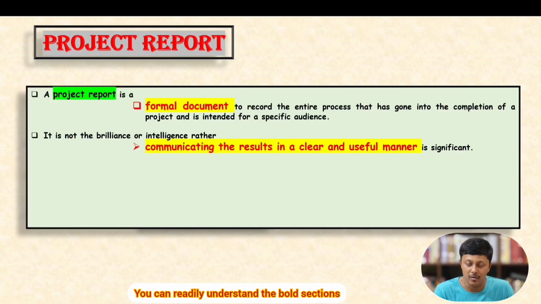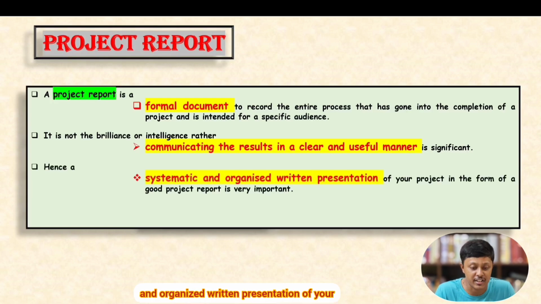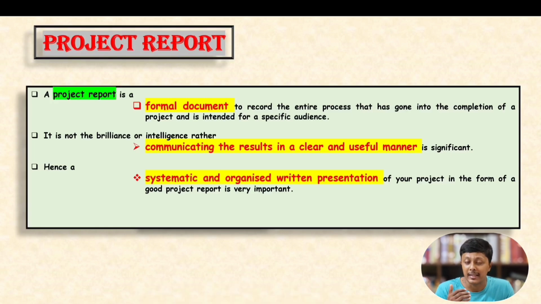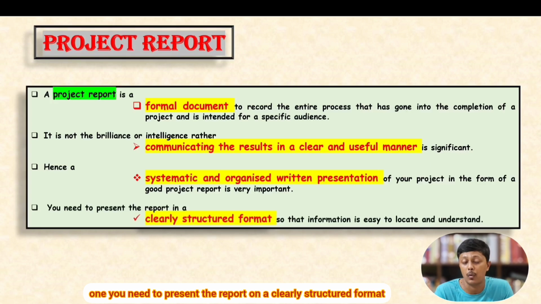You can readily understand the bold sections: formal document, communicating the results in a clear and useful manner. In the third part, a systematic and organized written presentation of your project in the form of a good project report is very important. Together with the last one, you need to present the report in a clearly structured format.